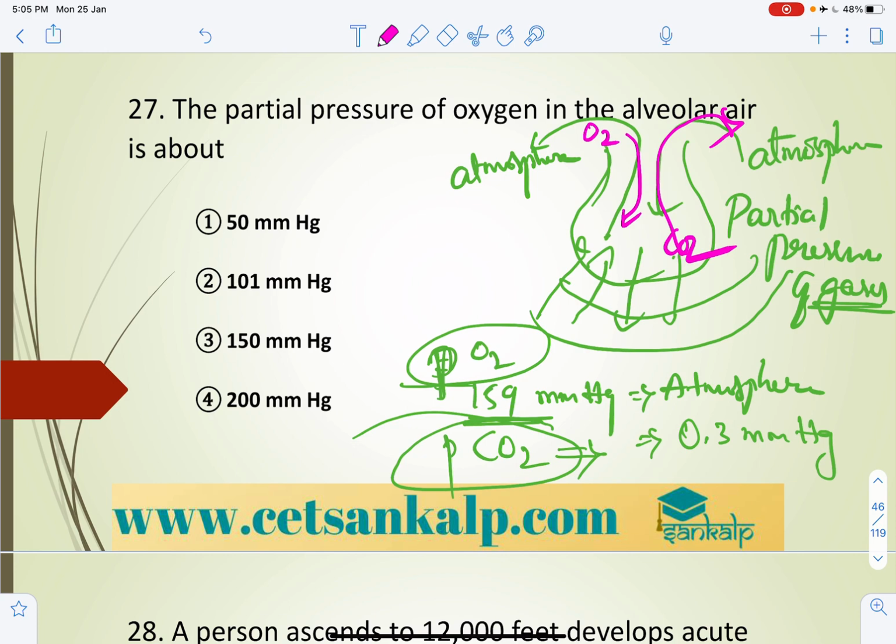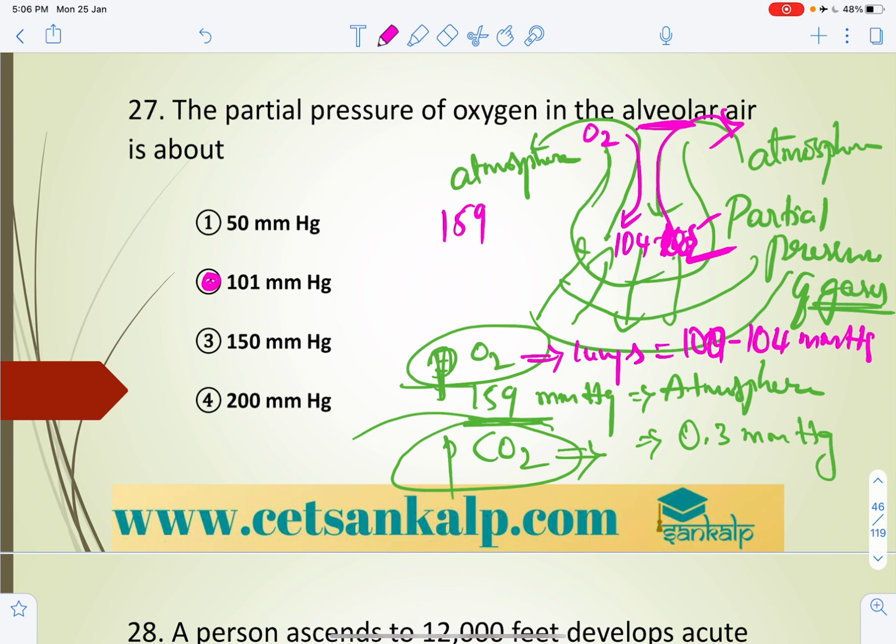So this is very, very important. What is the answer here? Outside it is 159, and it enters into the lungs. The partial pressure of oxygen in the alveolar air is 104 to 105 mm of Hg in the lungs, or I can say 100 to 104 mmHg, approximately 101.